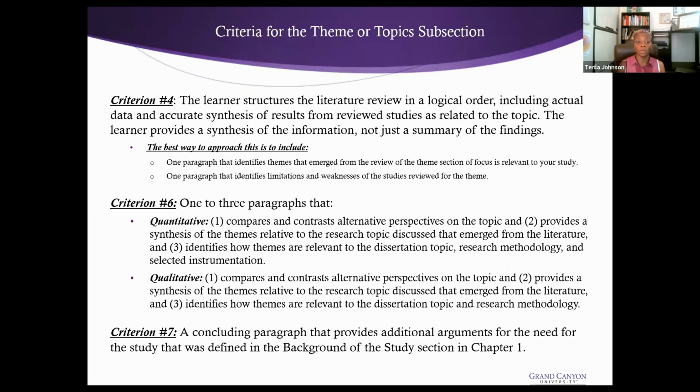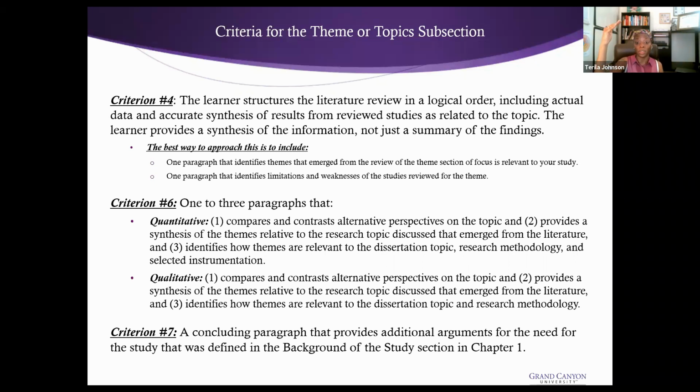Criterion number 4. Learner structures the literature review in a logical order, including actual data and accurate synthesis of results from reviewed studies as related to the topic. The learner provides a synthesis of information, not just a summary of findings. One of the best ways that my chair taught me to approach this, and I actually show my students, is you can do one paragraph that identifies those themes that emerge.